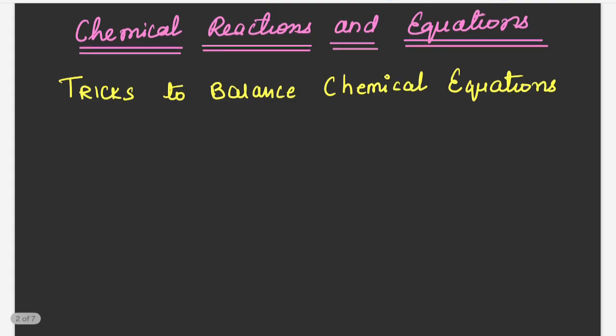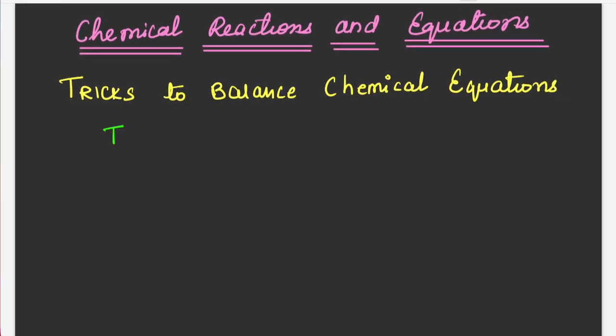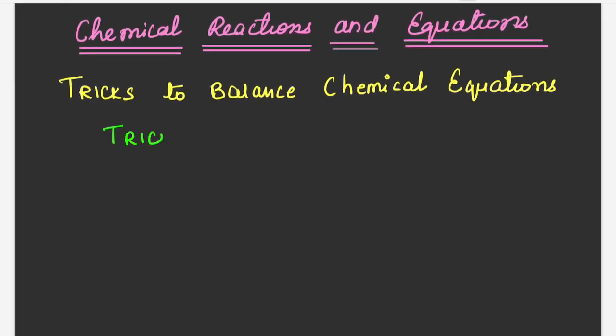So first, what are the tricks we are going to use? First, you have to balance metals. If you see metals in the equation, you have to balance metals first.